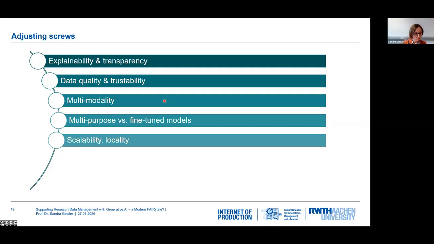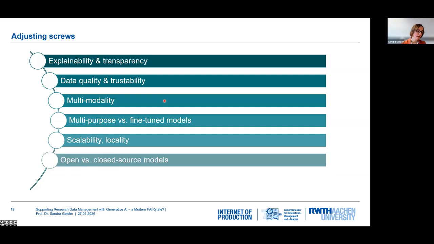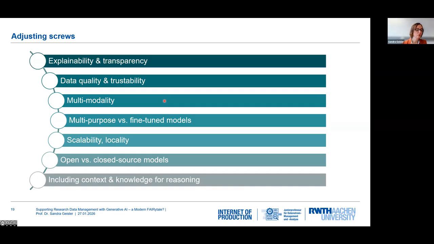I already said where to run them, and how we can scale them, and also looking at open versus closed source models, which ones to use, what is the quality of the results depending on the model, and of course including context and knowledge for reasoning.